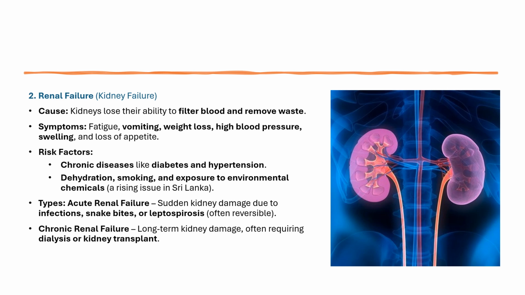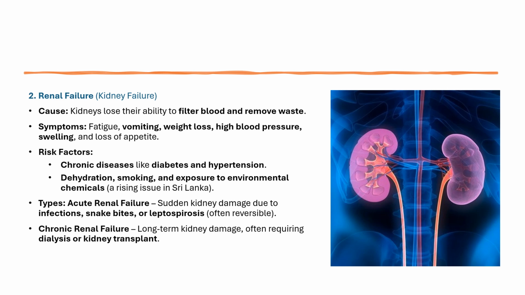And then there are two types of kidney failure. One is acute, which is a sudden kidney damage due to infections, snake bites or leptospirosis, but these are reversible. That means one can recover from acute kidney failure. But then there is chronic renal failure or chronic kidney failure.